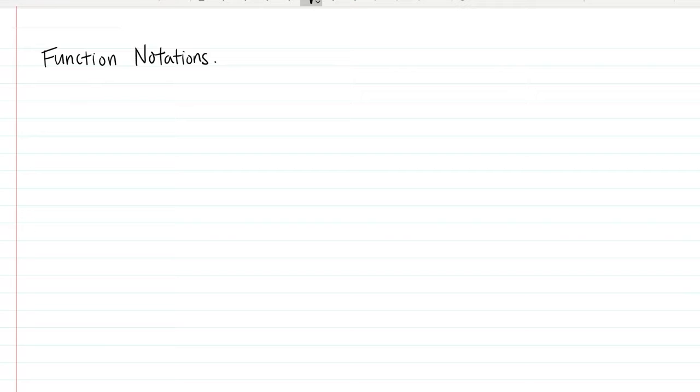Function notation is used to represent a function such as linear, quadratic, cubic, rational, and the list goes on. We usually use notation like this, and we read it as f of x.